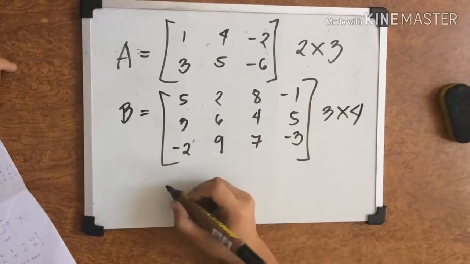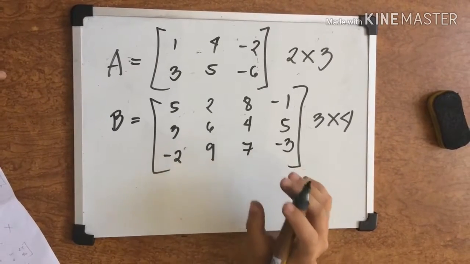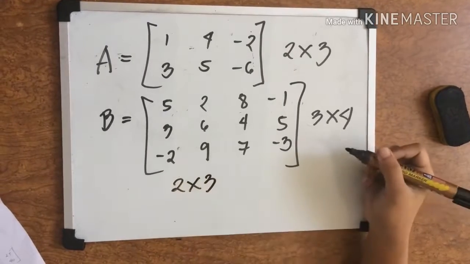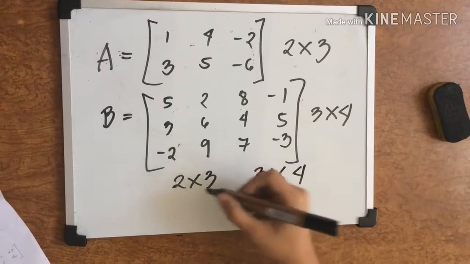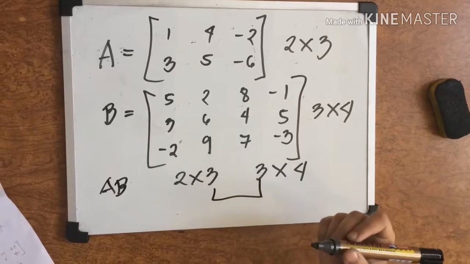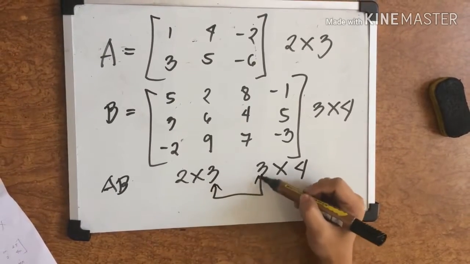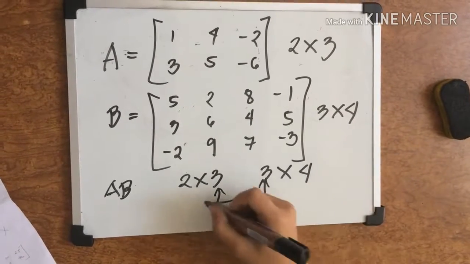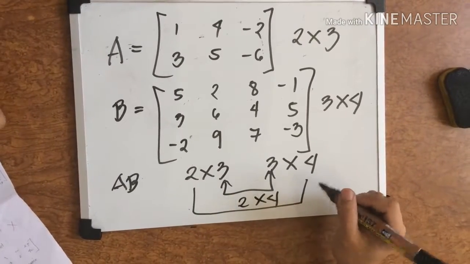So let us find out if these two matrices are possible to be multiplied with each other. So we have 2 by 3, which is to be multiplied to 3 by 4. So for AB, there are the same number, so it is possible that we can multiply A with B, and the output will be a 2 by 4 matrix.